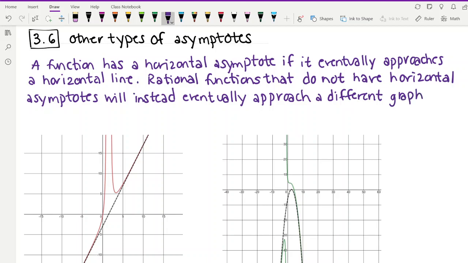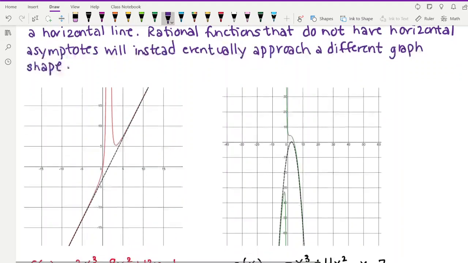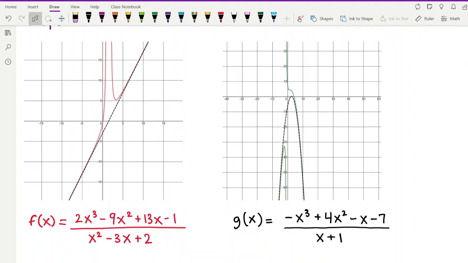When I say different, I mean different from a horizontal line. So we'll see that rational functions, instead of leveling out to a line, well, here's a couple of examples of what they could do.